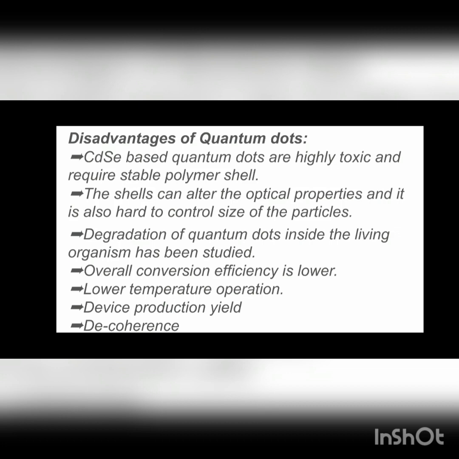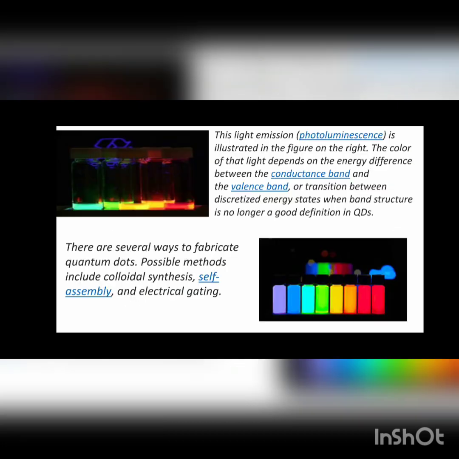Number 3, degradation of quantum dots inside living organisms has been studied. Number 4, overall conversion efficiency is lower. Number 5, lower temperature operation. Number 6, device production yield. Number 7, decoherence.